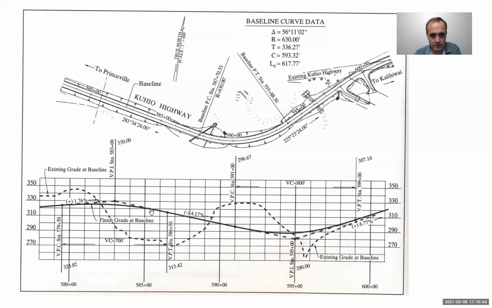But for these curves, you can see again, it's telling me where the station of a curve starts. This is the beginning, the VPC. We have the VPC of this vertical curve at station 591 plus 00, and it ends at 599 plus 00. So it's 800 feet long.